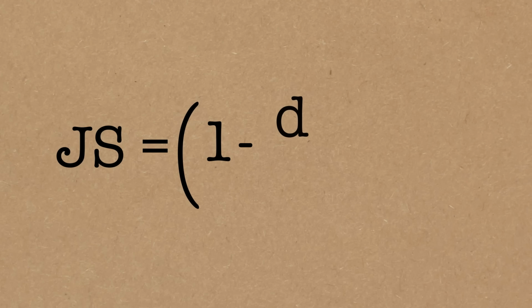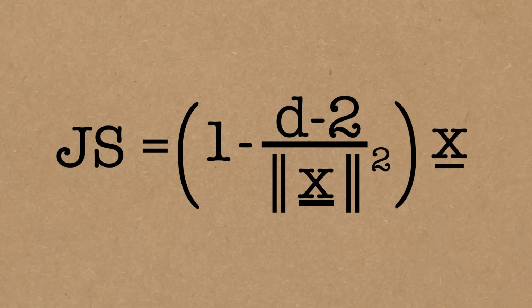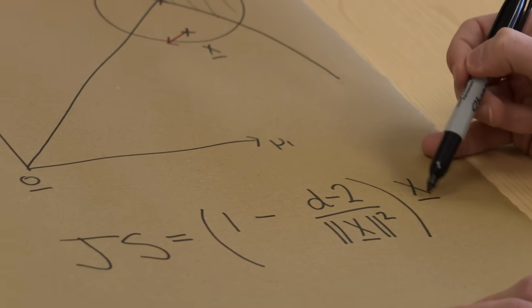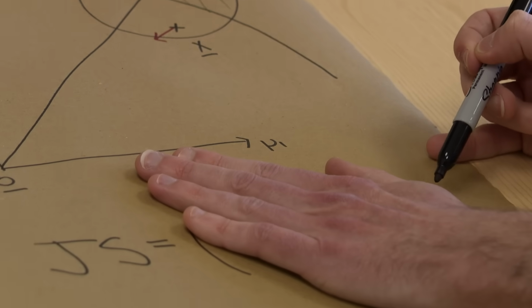And we have a formula that they propose which looks something like this. 1 minus, and then d, the dimension of the vector of things I'm interested in, minus 2, all divided by the length of the vector of measurements squared, all multiplied by the vector of measurements. So let's unpack this formula a little bit. This is the vector of my measurements. And if I didn't have this factor here, this would just be using the data to estimate mu.